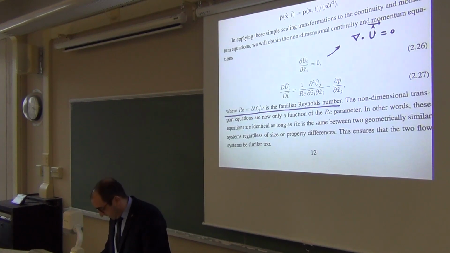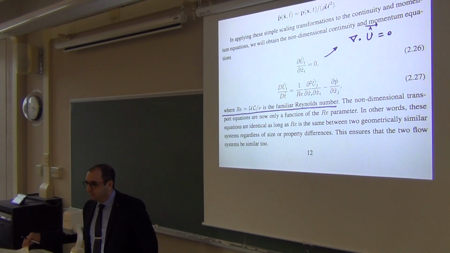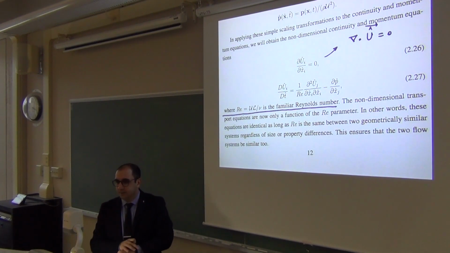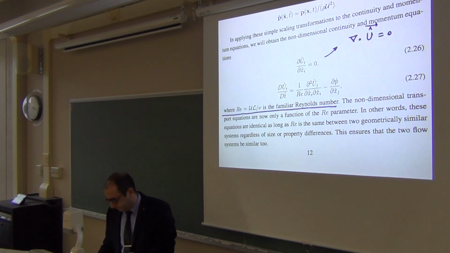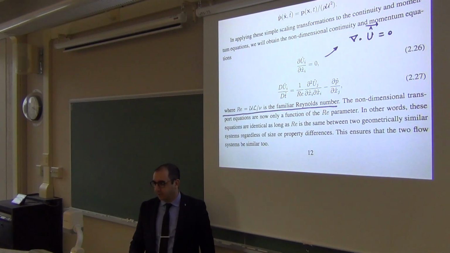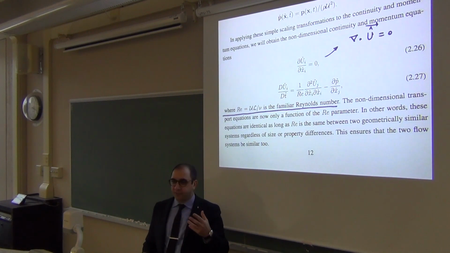And that means that I only have to match the Reynolds number between the full scale and the smallest scale to be able to claim that the two systems are similar. Think about it. Flow in this room has a Reynolds number, right? It's only the momentum and continuity equations.